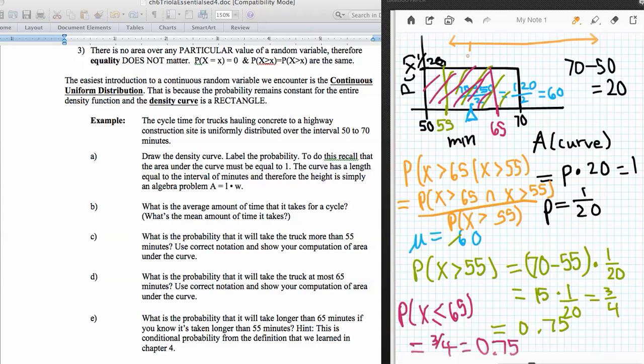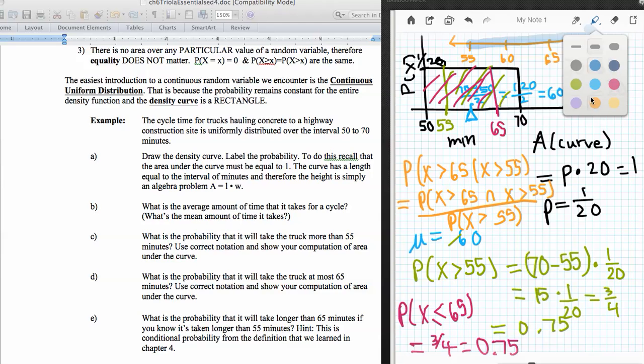So if we said, okay, here's 55, right? And here's 60, and here's 65, and we just do a little bit of graphing. So x is greater than 55, that starts here and goes up this way, right?